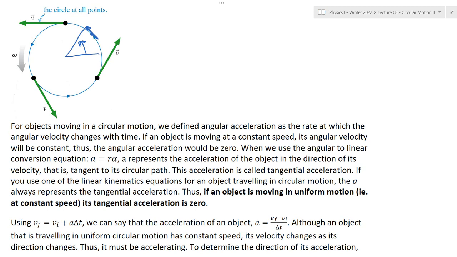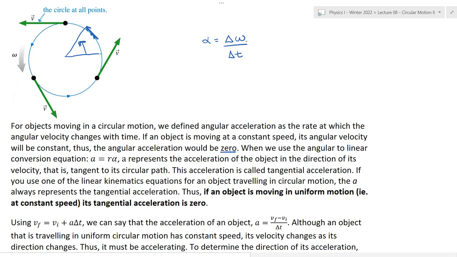If an object is moving at a constant speed, then its angular velocity is constant, because it's traveling at the same radians per second and that isn't changing over time. Then the angular acceleration would be 0. Remember, the angular acceleration, alpha, is the change in angular velocity, omega, over time.